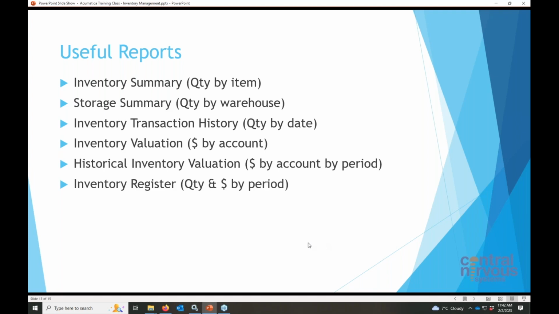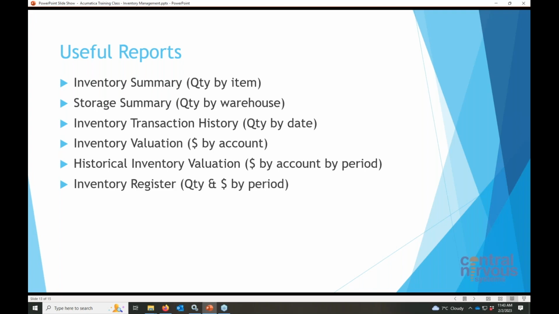Okay. So useful reports. With useful reports, we've got a few of them. So we've got inventory summary, which is a quantity by item. We've got storage summary, which is a quantity by warehouse. We've got inventory transaction history, which is a quantity by date. Inventory valuation, which is a cost or dollars by account.